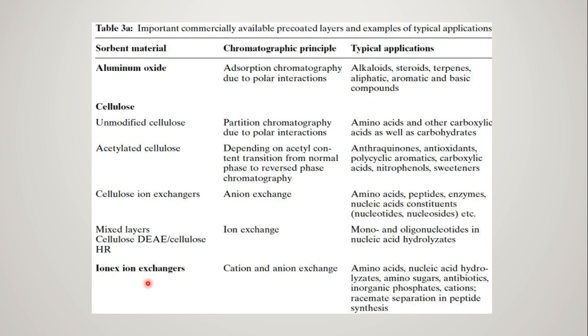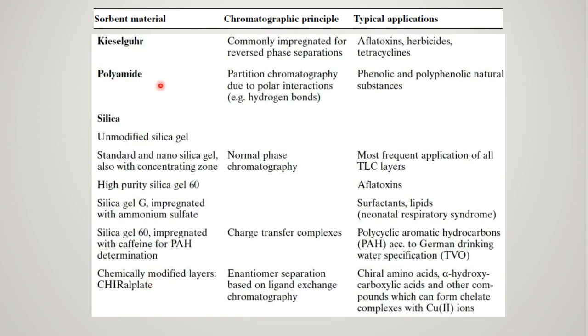So all these things we can see. Kieselguhr, polyamide, their chromatographic principles, whether partition or adsorption takes place. And the last one is silica. The unmodified silica, which is generally a polar substance, is used for the separation of less polar and non-polar substances.